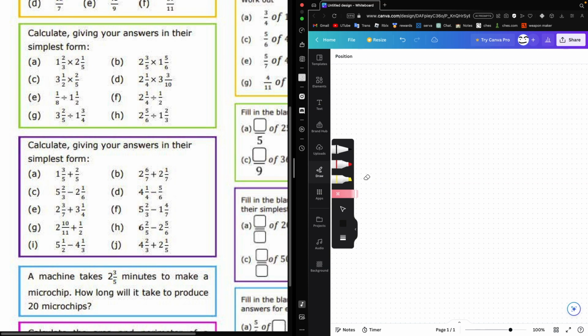E. So E, 2 and 3 over 7 plus 3 and 1 over 4. Same thing. We need to make the denominators the same. So 7 times 4 is 28.